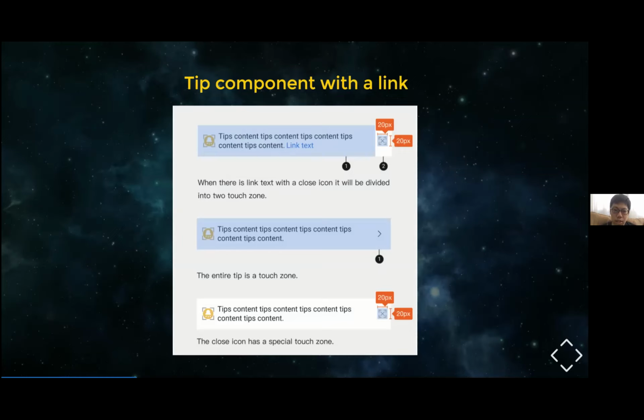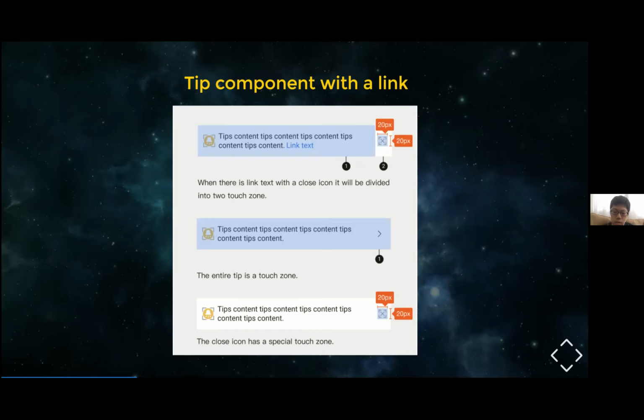So it has a touch area for the link text to go somewhere, and another touch area to close something. On the other hand, if you don't have a link text, you just have a close touch area. So whether there's a split touch area is determined by whether there is a link text inside of it.